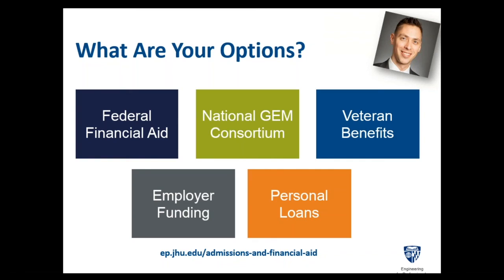There's a URL at the bottom of the screen, and that'll give you a little more in-depth information. Now, I will say that the financial aid at Johns Hopkins is administered centrally. So if you are going to pursue one of these financial aid options, we at Engineering for Professionals would not be the ones helping you with that. We would pass you on to the Central Financial Aid Office.